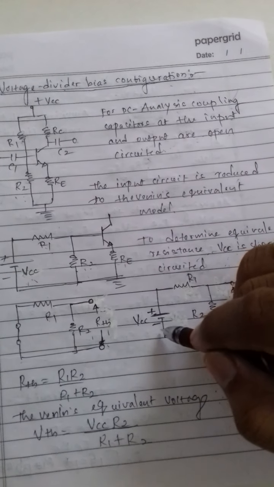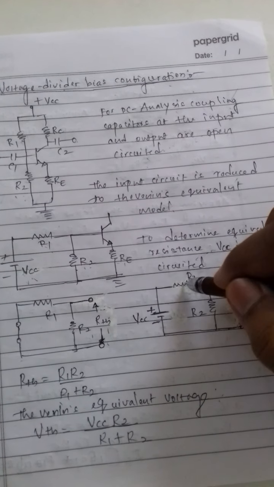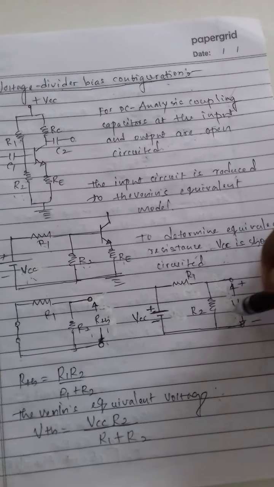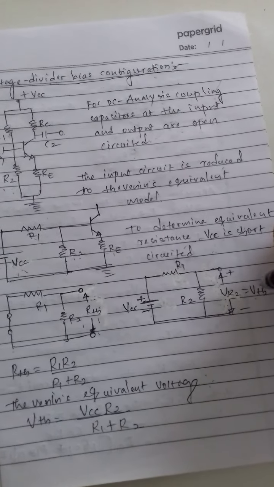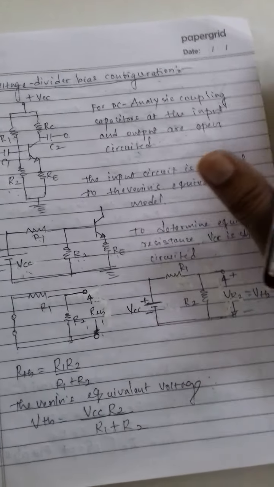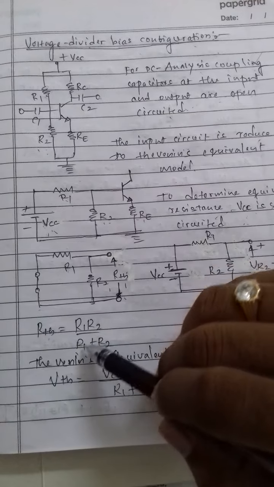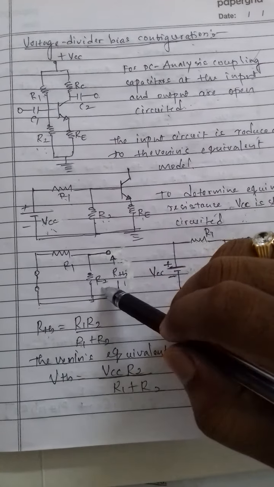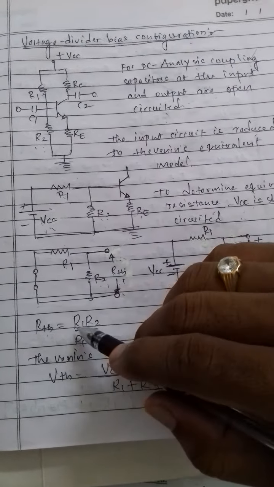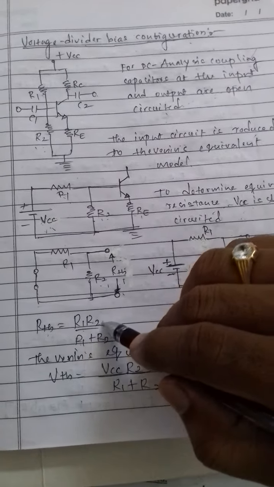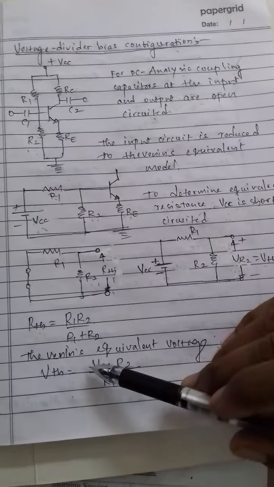So the equivalent resistance RTH is equal to R1 parallel R2, which is equal to R1 R2 upon R1 plus R2.